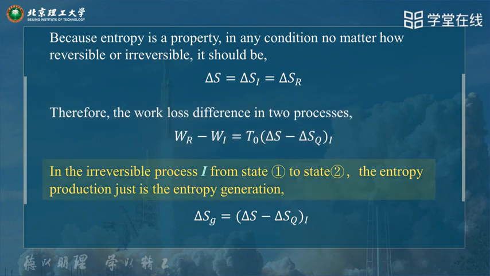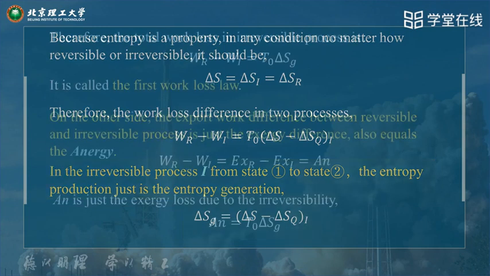In irreversible process I from state 1 to state 2, the entropy production is just the entropy generation. So delta Sg, the entropy generation, equals delta S minus delta SQI. I means irreversible process.